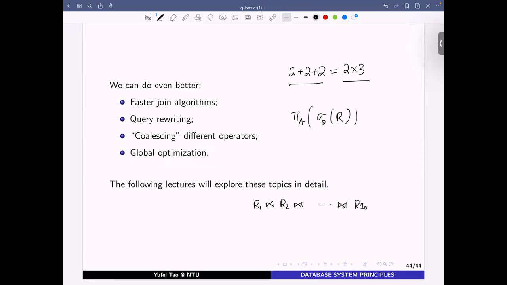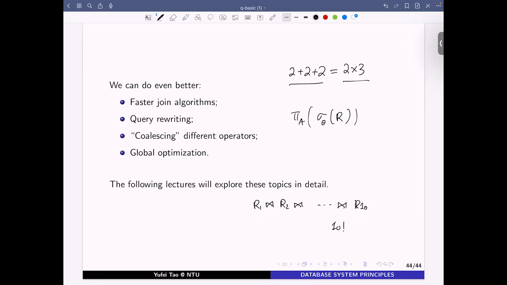These are natural joins. Joins are commutative and associative, so basically you can permute these 10 relations in an arbitrary manner. That will give you 10 factorial permutations, so you have 10 factorial join orders.